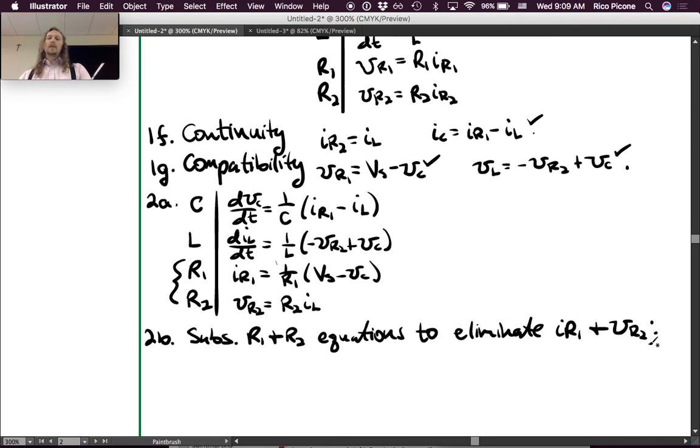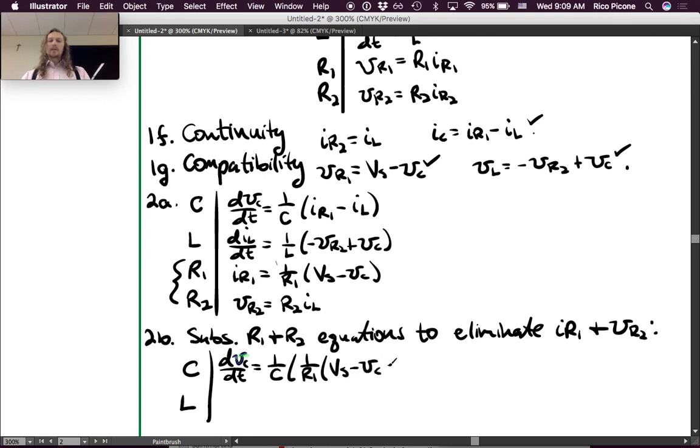So once again, a warning, it doesn't always work out this nicely, but in this case, it works out pretty nicely. So our C and our L equations remain. We have dVC/dt equals 1 over C times, instead of IR1, I'm going to plug in this expression, okay? 1 over R1 times VS minus VC.